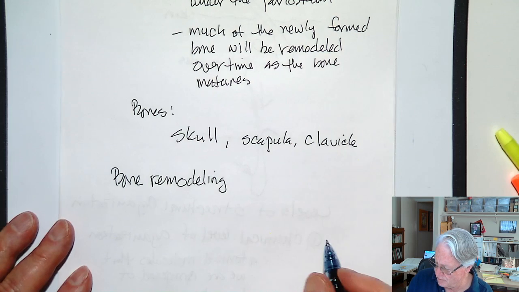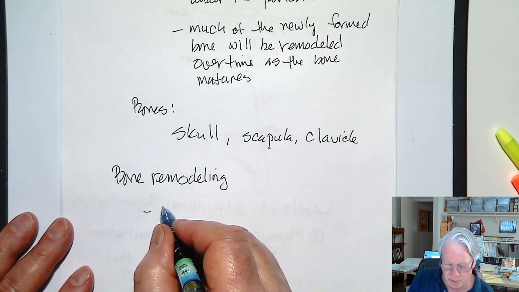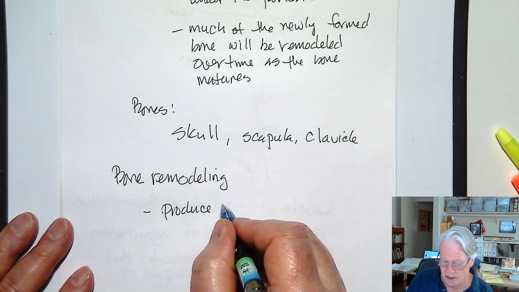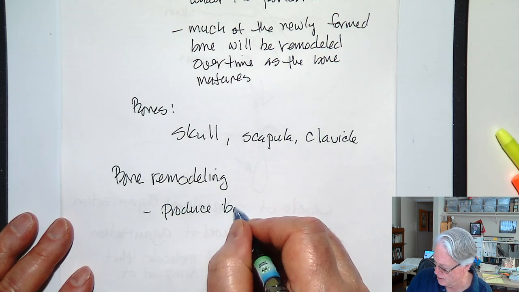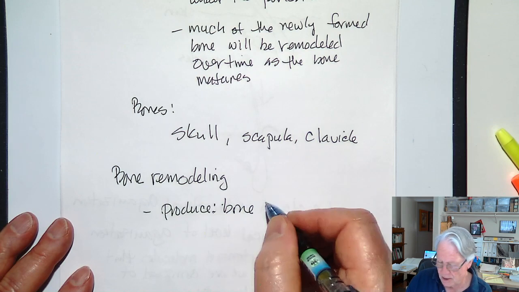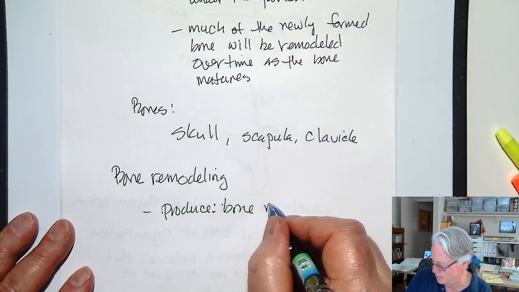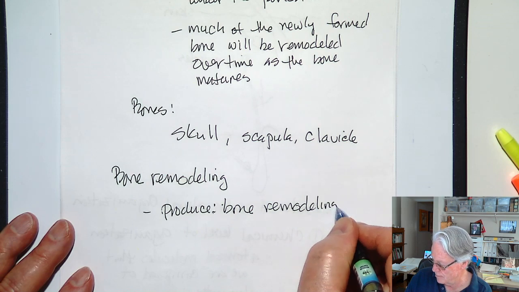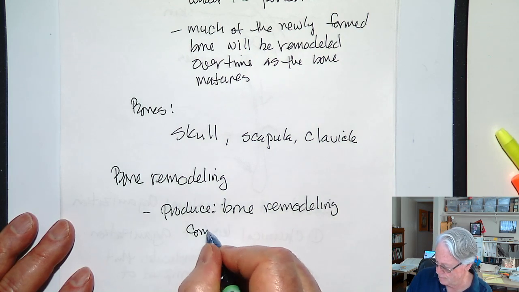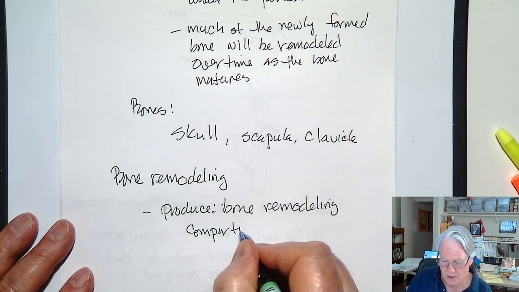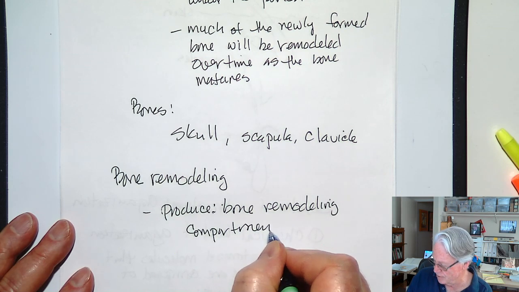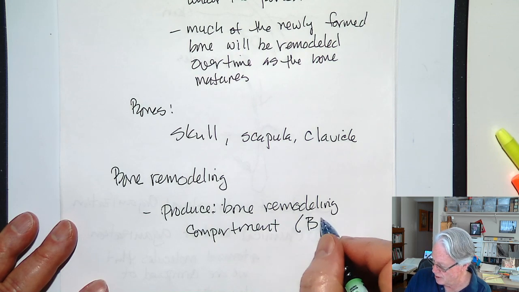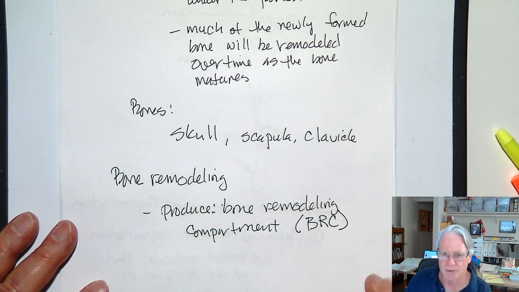What we're going to do is create or produce something called a bone remodeling compartment. And I'm going to draw that for you. And this has been abbreviated to bone remodeling compartment.